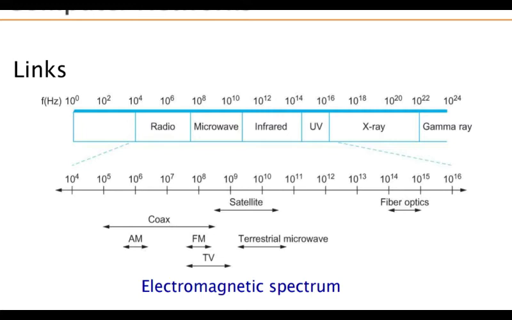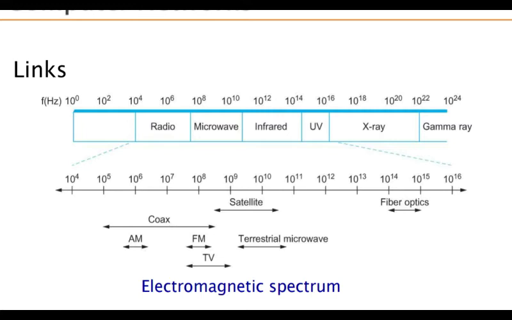The next one here we are going to see about electromagnetic waves, which span a much wider range of different frequencies, as you are going to see here, from 10 raised to 0 up to 10 raised to 24. This electromagnetic spectrum shows which media are commonly used to carry which frequency bands.